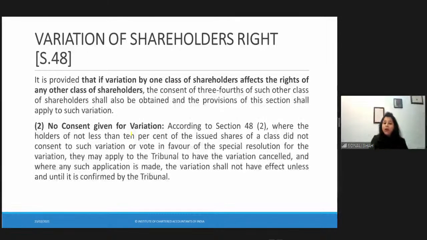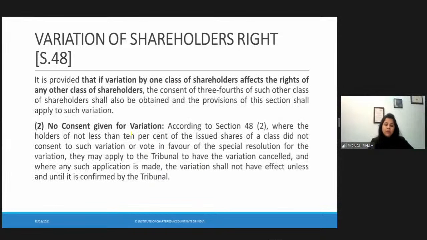Now, when we are talking about consent, the consent has to be deliberately given. Where an intimation is sent and the shareholder does not reply to it, that does not mean consent. That will not be treated as consent given for variation. That means the consent has been denied.